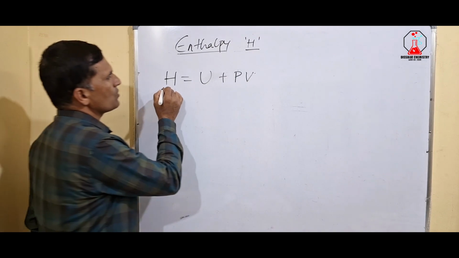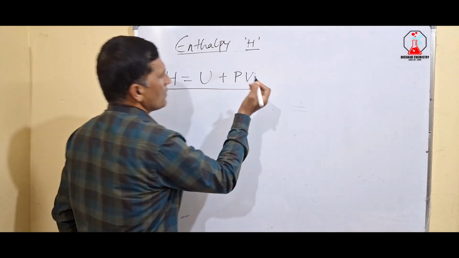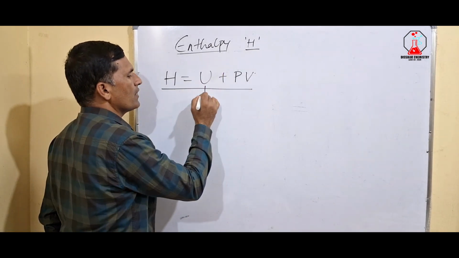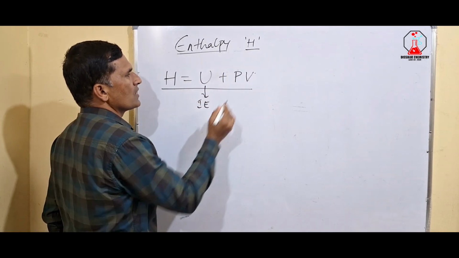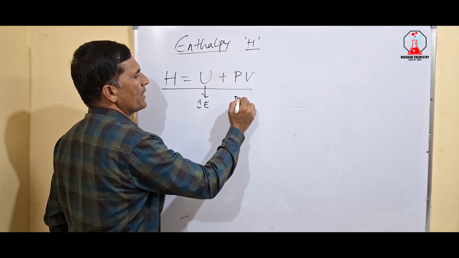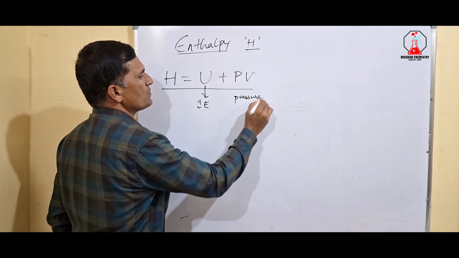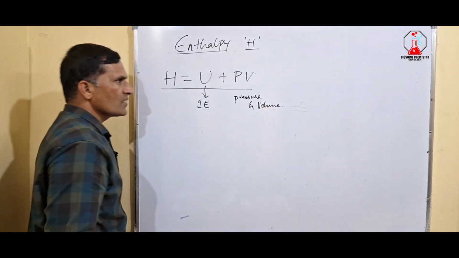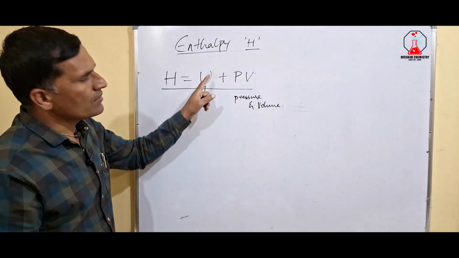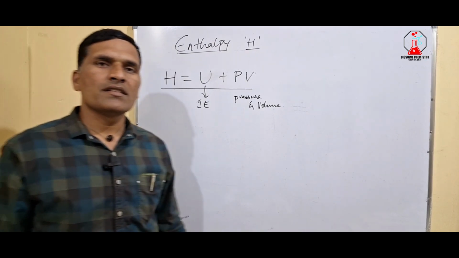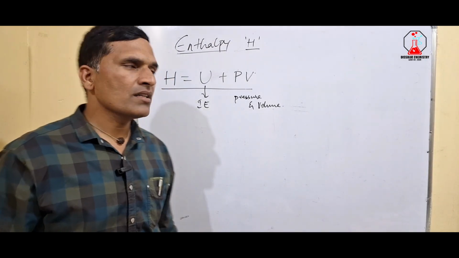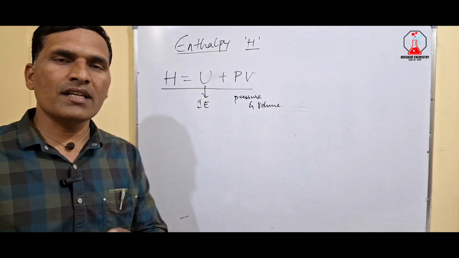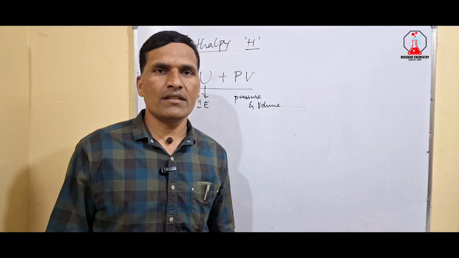Now when you look into the definition of enthalpy, it has the internal energy of the system, and this is pressure and volume, that is nothing but work. When you look into all these terms, all are state functions, meaning they depend upon the initial and final state of the system, but not on the way the change has been brought in the system.